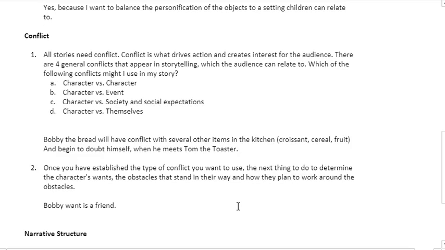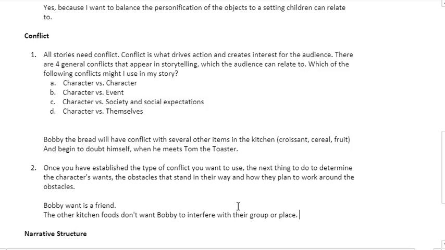What stands in his way is that the other kitchen foods don't want Bobby to interfere with their group. You know, the cereal and the croissants and the fruit, they don't want to be replaced with a loaf of white bread or a loaf of wheat.